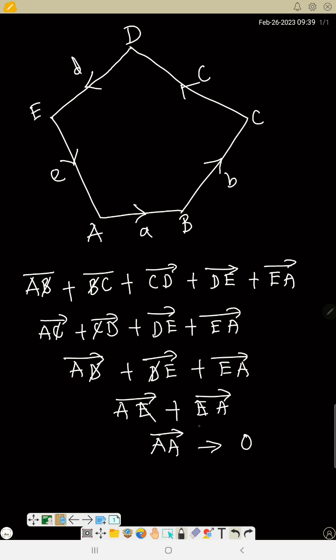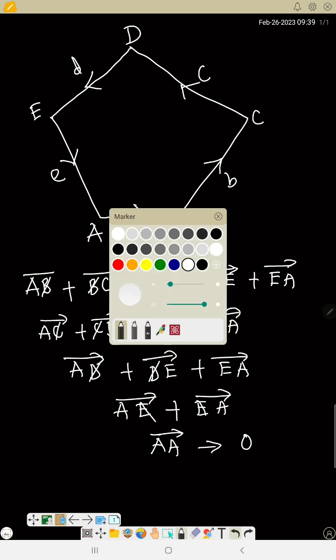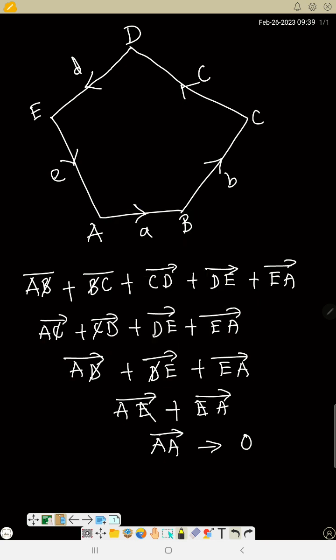To make it visible for better understanding, I have AE plus EA. Now if I reverse this EA to AE, it will be minus, that is opposite direction.